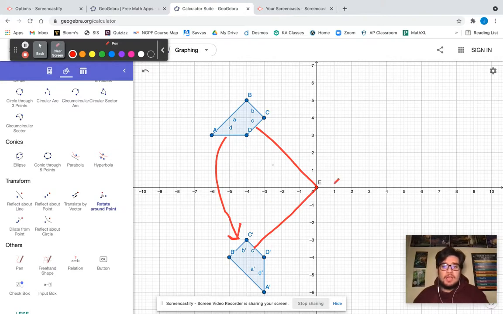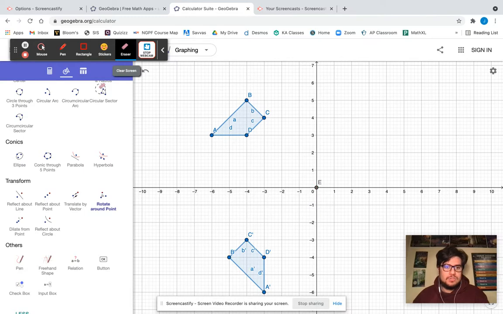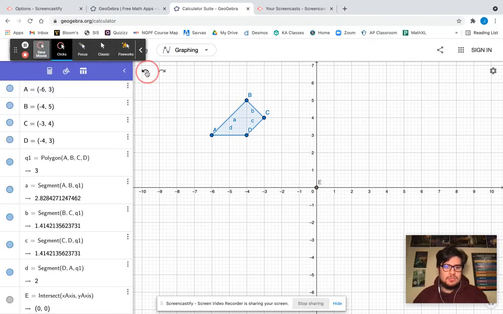Right? If we kept going, we would make a half turn, and then we would make a 3/4 turn. Okay, so that's, again, what we call a rotation. Let's look at one more. So let me clear screen.